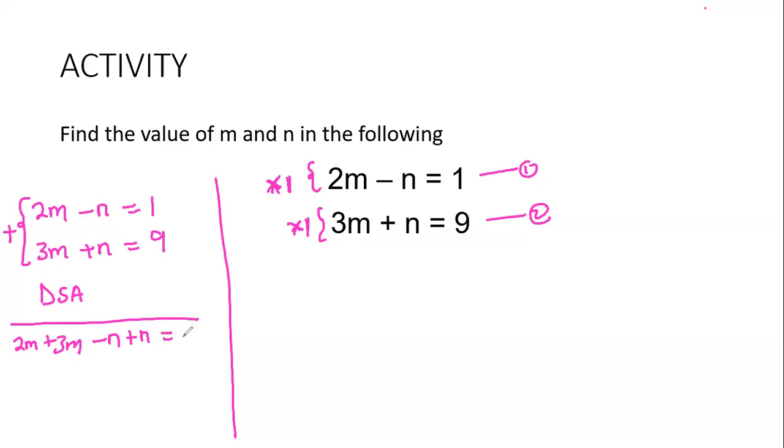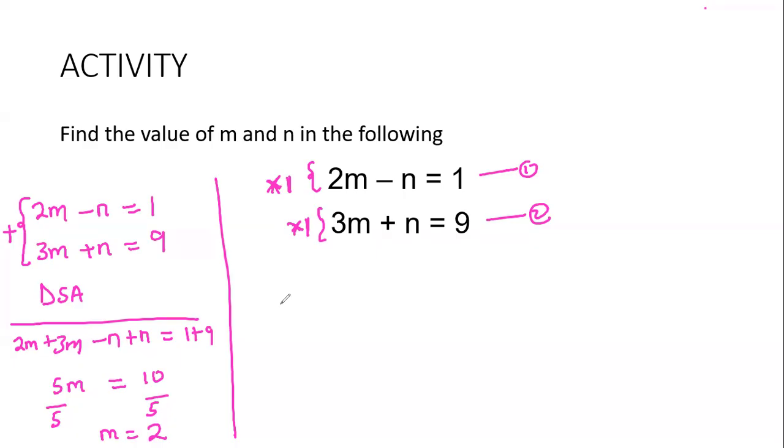And 1 plus 9. Then you have 5m and the n's will cancel out, is equal to 10. Then divide 5 on both sides. So m is equal to 2. Okay, good.